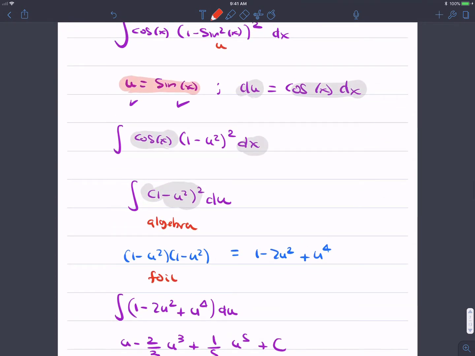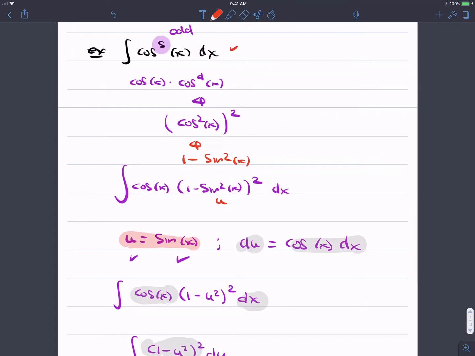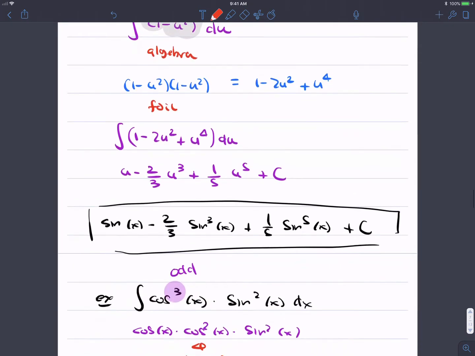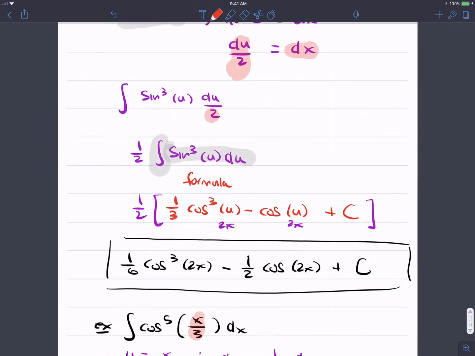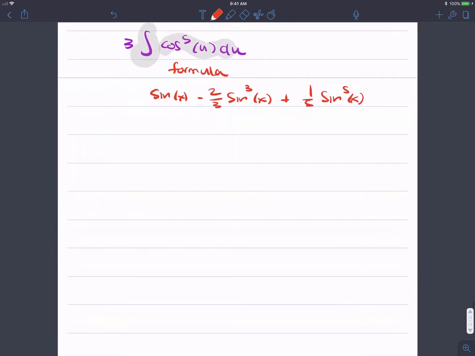Yeah, I think it's right here. There we go. It is plus 1/5 sine to the 5th power. Okay. So let's see what we get now. 3 times sine, that'll be u now, minus 2/3 sine cubed of u plus 1/5 sine of the 5th power of u.